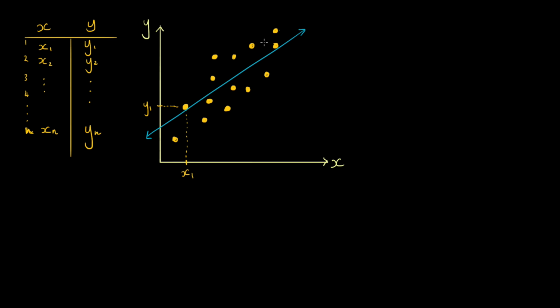Just like we had for a particular value of x and y, a little point in space here, if we draw a line from that x value to the point on the line, we can find the corresponding y value for that point on the line. We call this one y1 hat. We can do this again for another point, such as this point over here. Let's call this x2 at the bottom here, and its corresponding y value, y2.